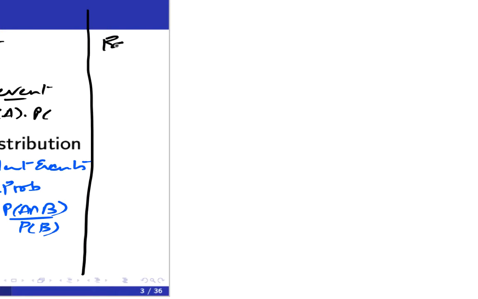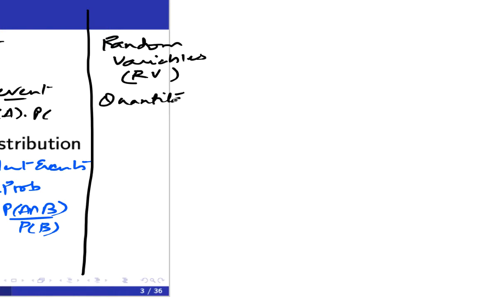When I say the word random variable, I'm going to use the short form notation RV. Now, what's a random variable? A random variable, guys, is a quantitative variable whose value depends upon chance.